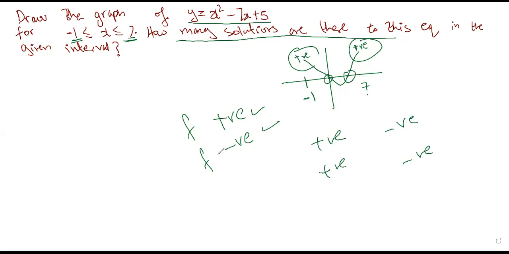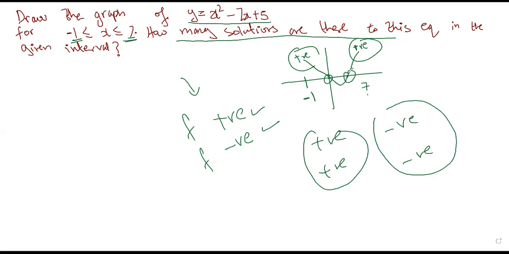Okay? Do you understand this? Yeah. If you get a positive function and a negative function at the end points of your interval, it implies certainly that you have a root in that interval. Okay?